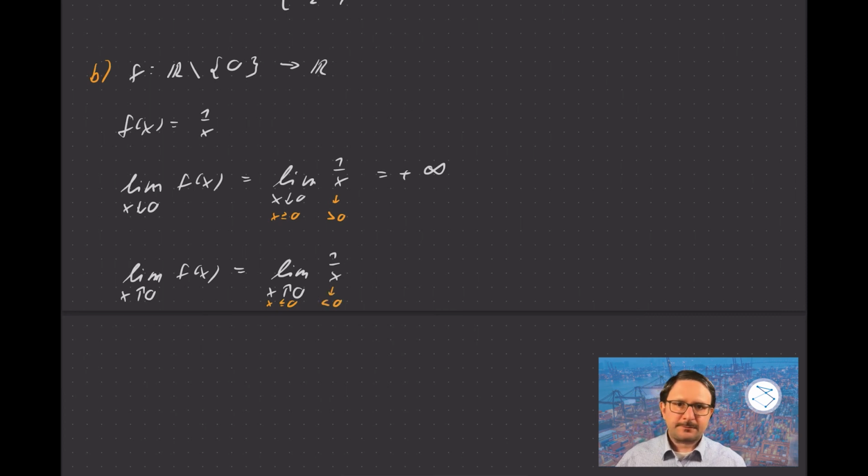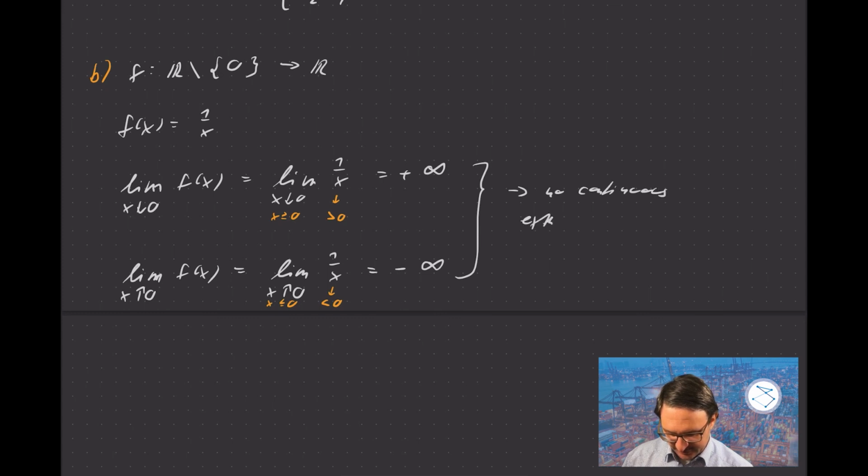So again, in absolute values, this expression can become arbitrarily large, but it is negative. So that means the limit here is minus infinity. So altogether, we can conclude immediately that no continuous extension to x equals 0 is possible for this function.